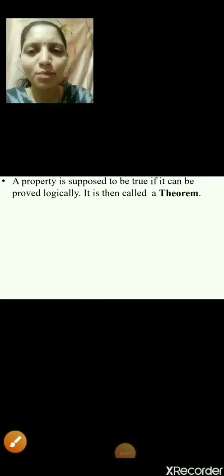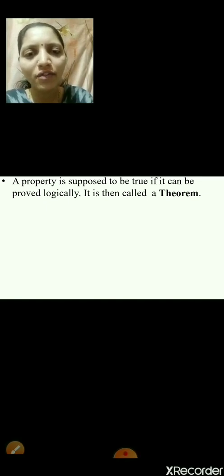The next point is, if you prove any property logically, then it is called a theorem. A property is supposed to be true if it can be proved logically, then it is called a theorem. The logical argument made to prove a theorem is called its proof. Whatever arguments or statements you write to prove that theorem are called its proof.